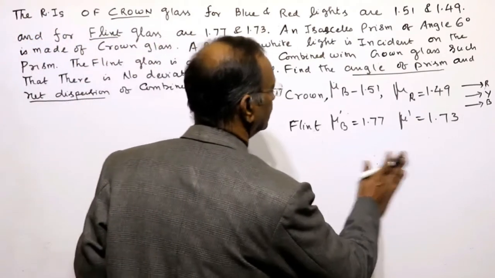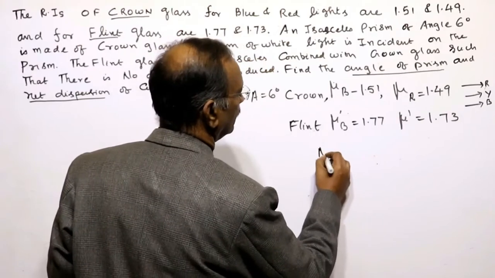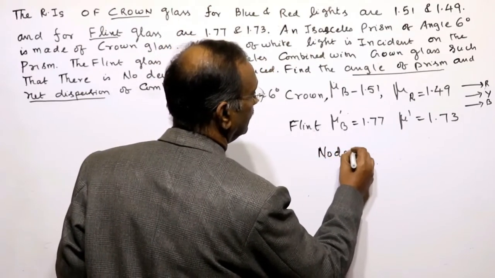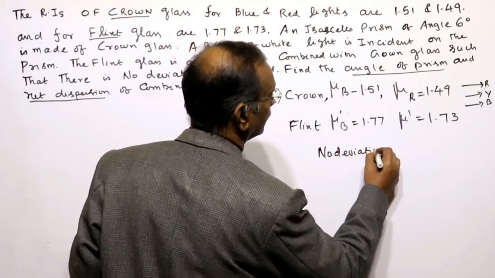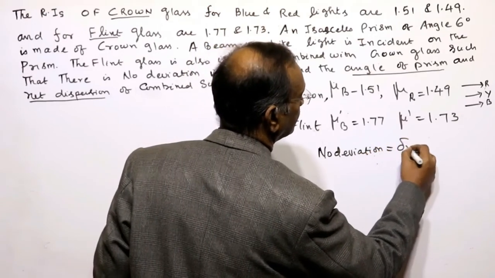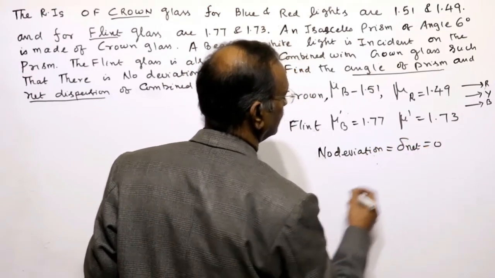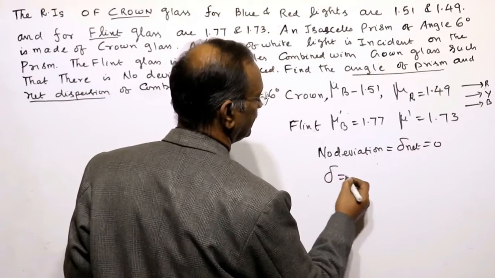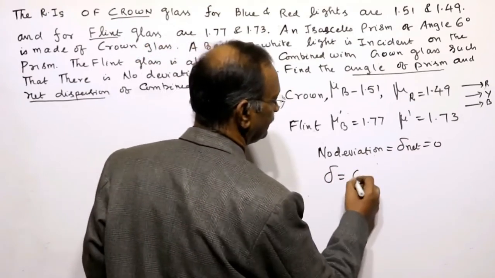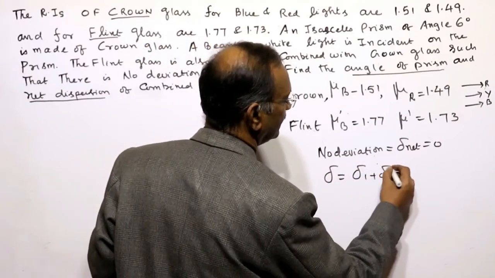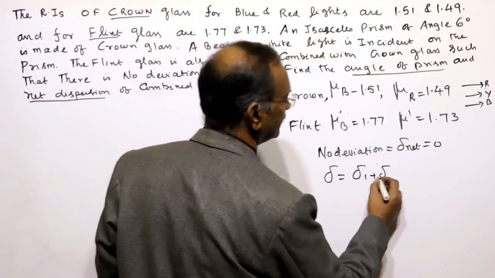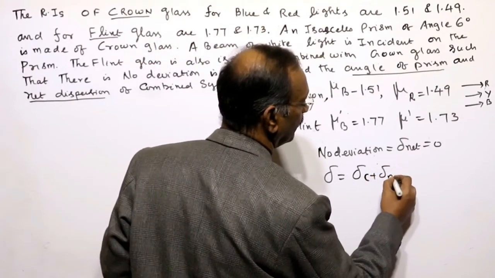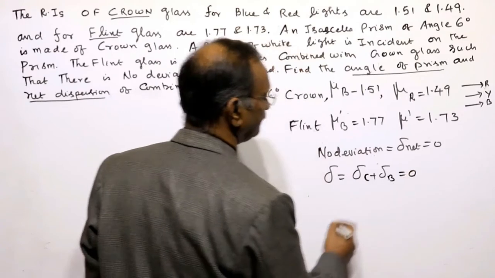and no deviation is produced. No deviation produced means net deviation is equal to 0. That is, net deviation produced is equal to deviation produced by crown plus deviation produced by flint, which is equal to 0.